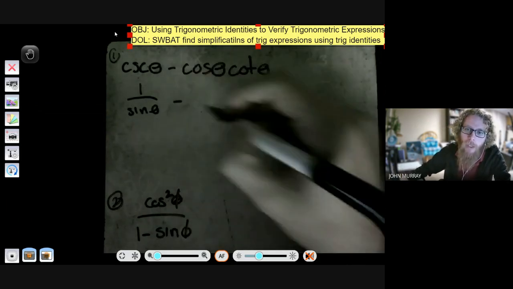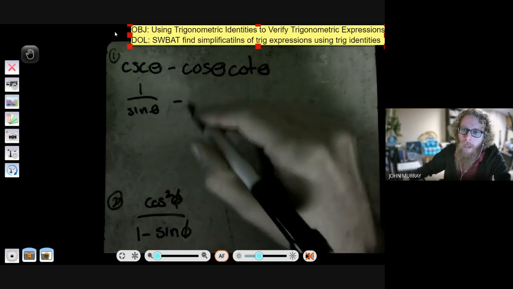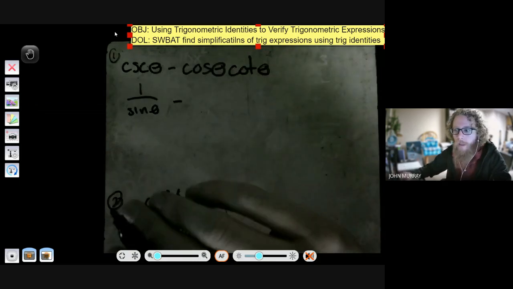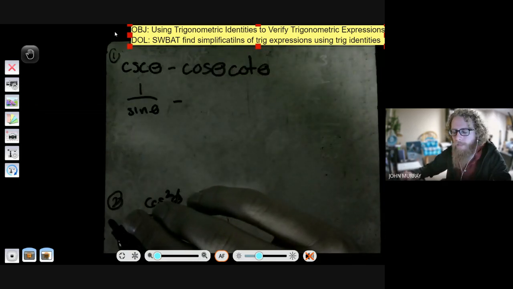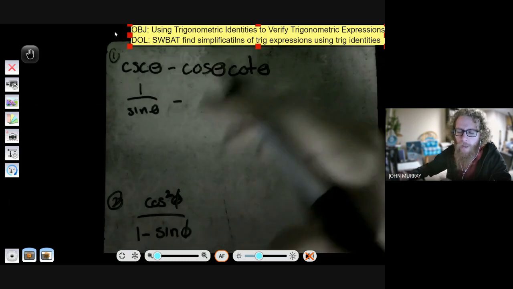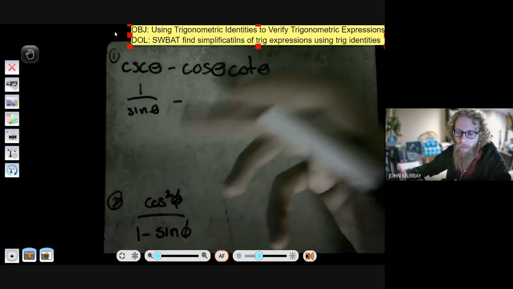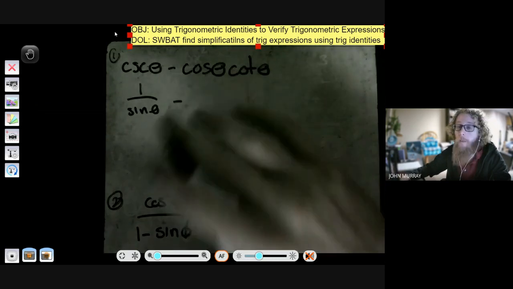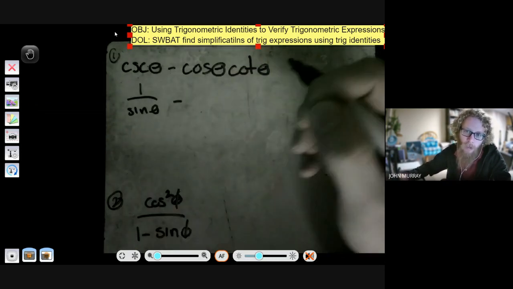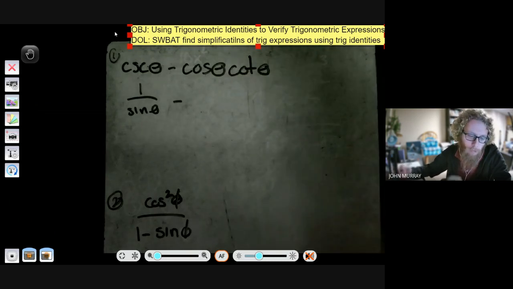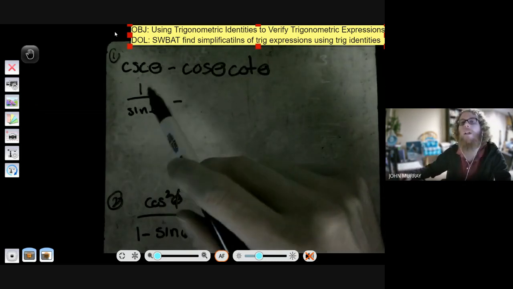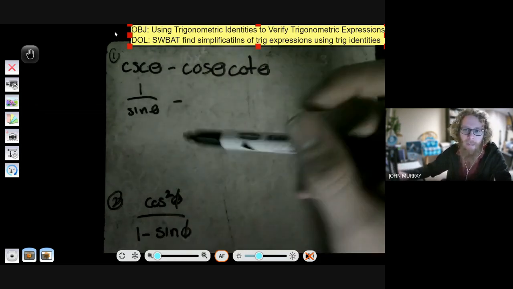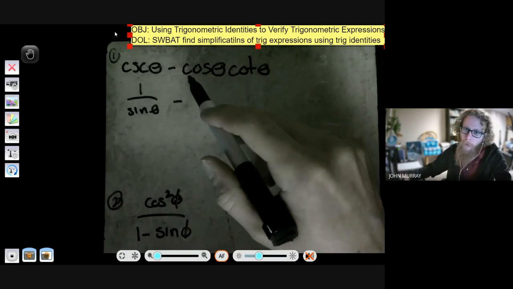But one of the better ways to handle this is to get everything in terms of sine and cosine, right? Because those are our most basic trig functions.